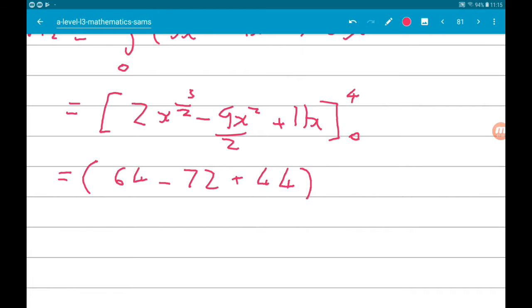Now, when we put in 0, all of the terms disappear. So, this is our answer for this bit. So we have 64 and 44 is 108. 108 minus 72 is 36.